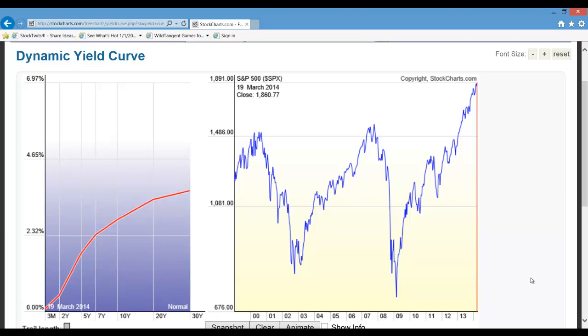So you want to keep your eyes on a lot of different things, and they're doing a lot to fool you by artificially keeping the rates low, by hammering the volatility index. The Fed is hammering that volatility to keep you calm, keep you working, keep you believing in this fantasy.